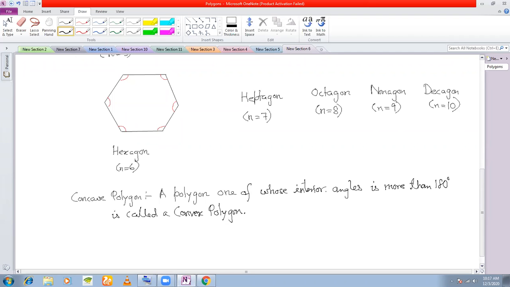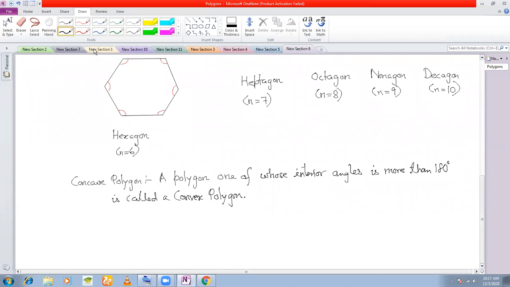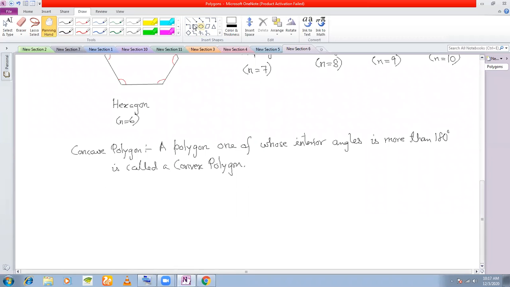Now, what can a concave polygon look like? A concave polygon can look like this. Why is it a concave polygon? Because you see, these three are angles that are less than 180 degrees.